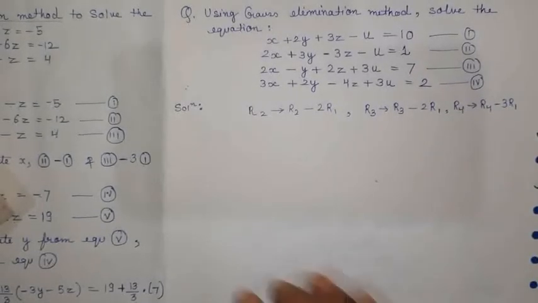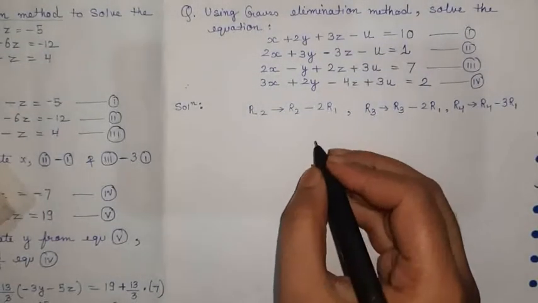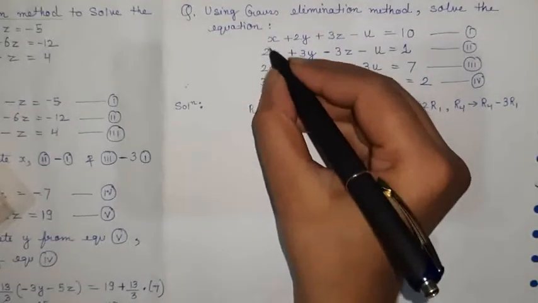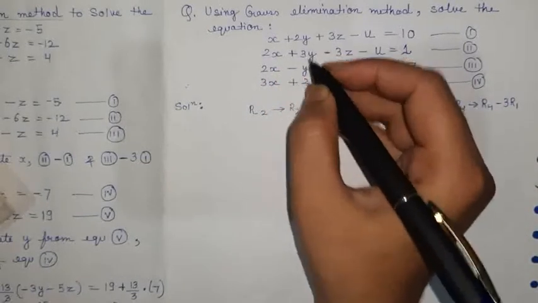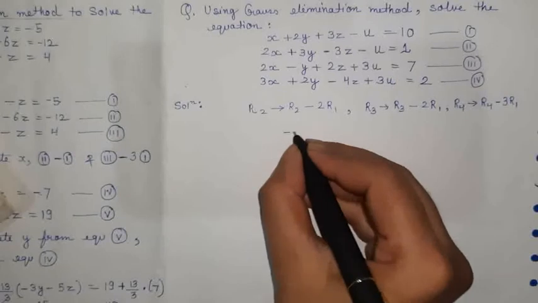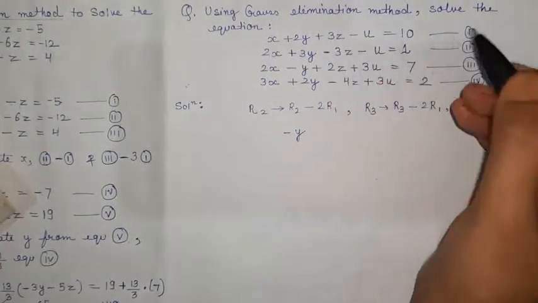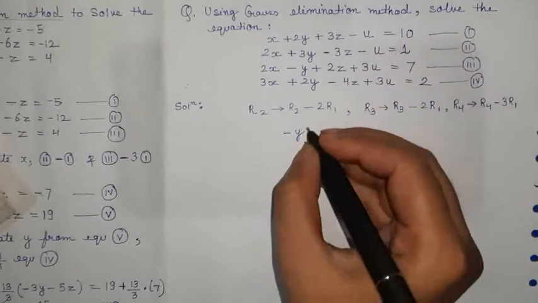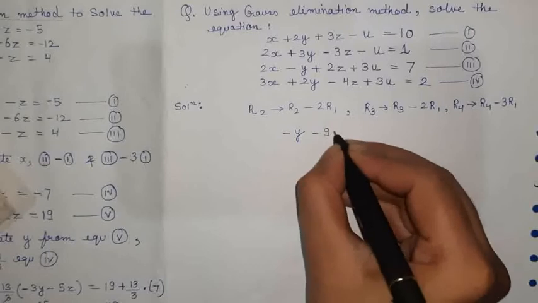Now when we do the subtraction, we come up with other equations. 2x minus 2x becomes 0. 3y minus 4y becomes minus y. Then minus 3z minus 2 times 3z becomes minus 9z.